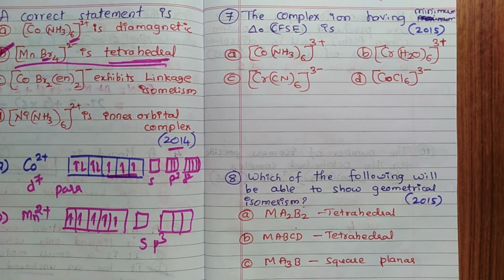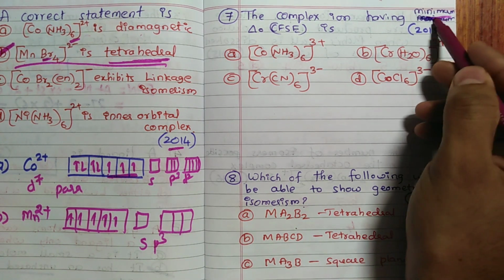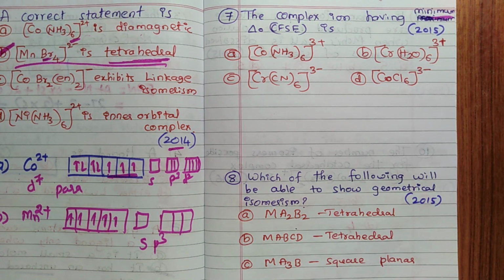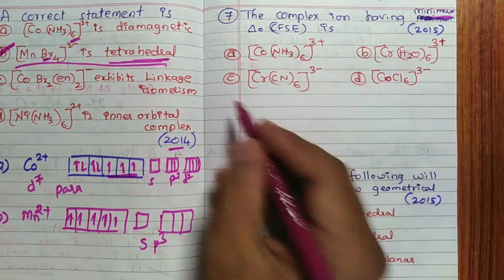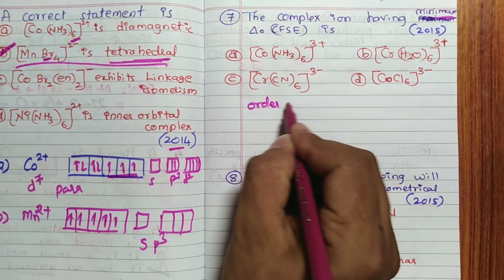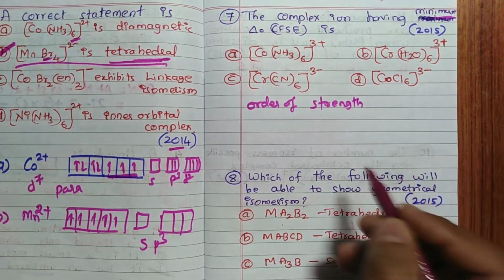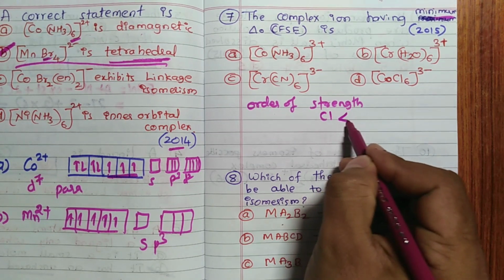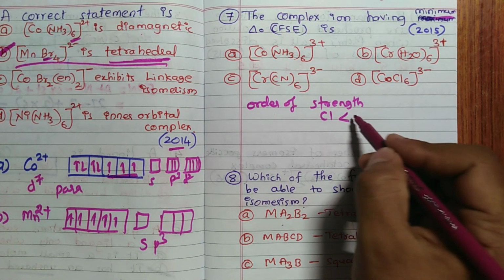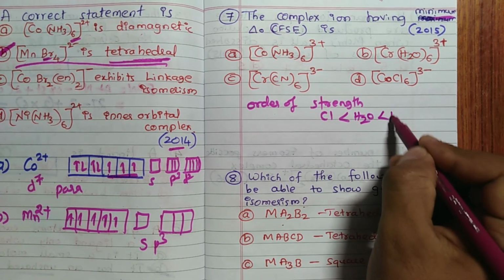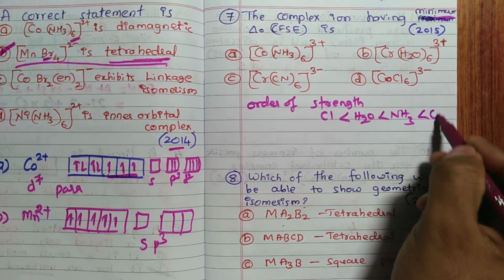2015 asked another question. The complex ion having minimum delta naught, CFSE. Minimum delta naught. Remember, as the strength of the ligand increases, delta naught increases. So the order of strength of the ligand, remember: Cl is weaker, then H2O, then NH3, then CN.